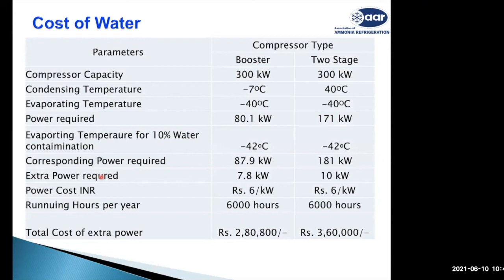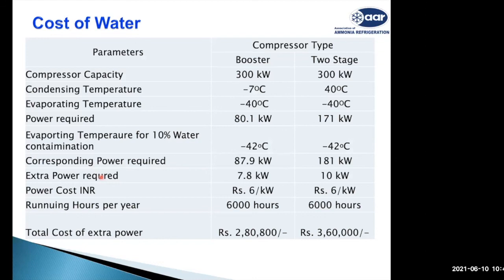So this shows a comparison of a two-stage compressor system with a booster compressor. I'm considering the booster compressor over here only because, as I said, water gets accumulated on the low temperature side, not on the high side. Two-stage compressor means a compound compressor.